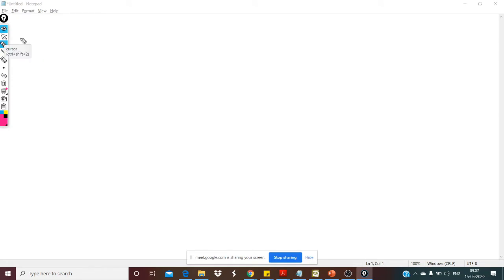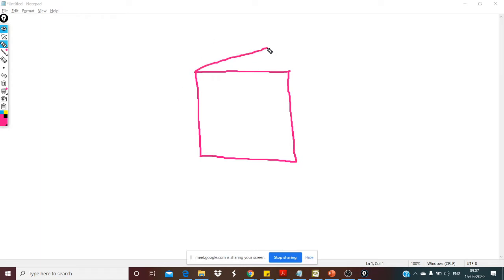Sir, it's a cuboid box-like structure. Okay, cuboid box-like structure. Let me draw a box, and then a cuboid kind of thing. Is it good enough for you to understand? Okay.